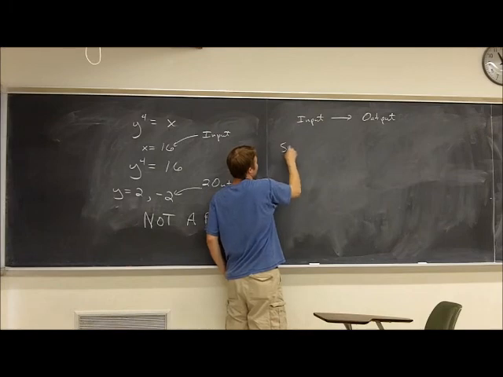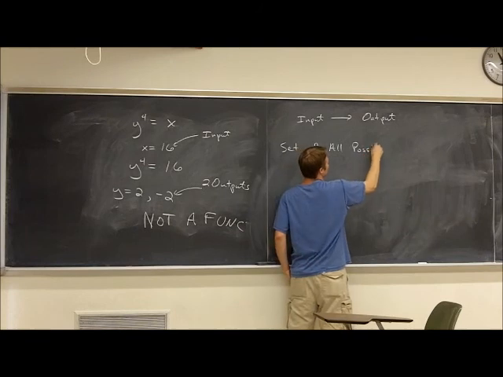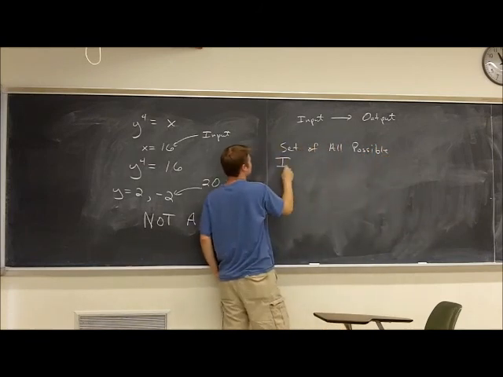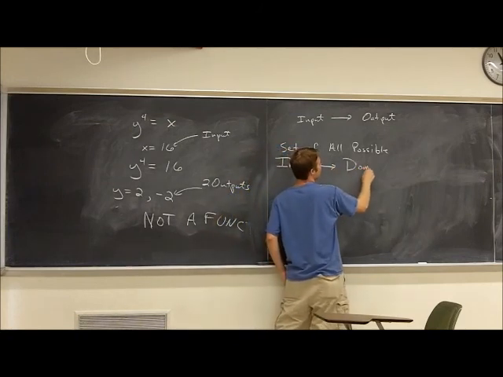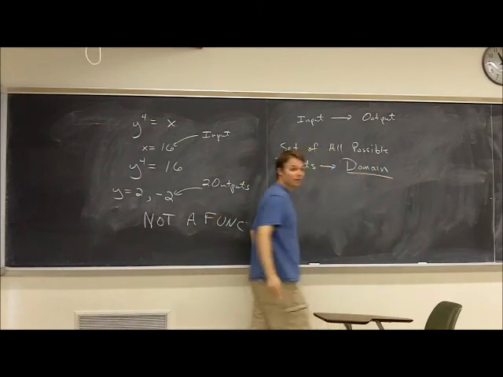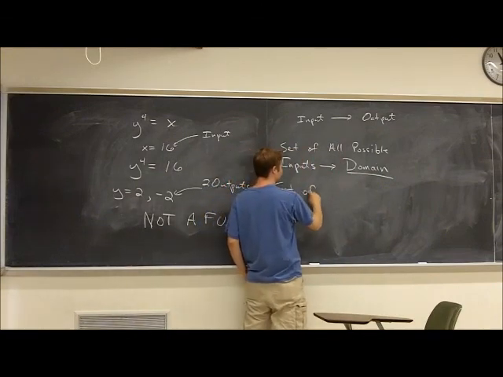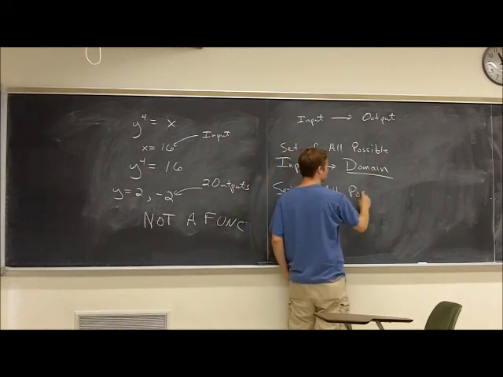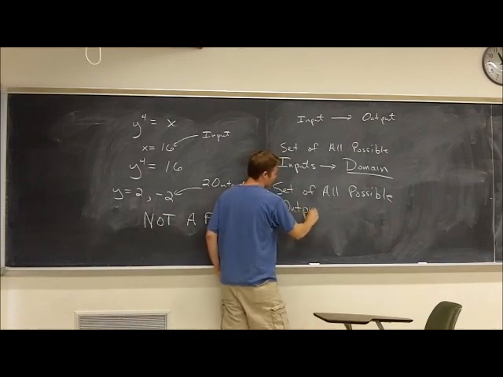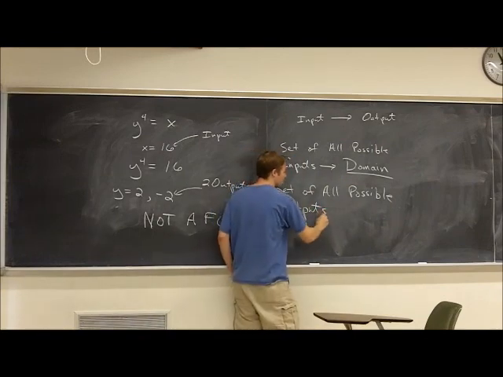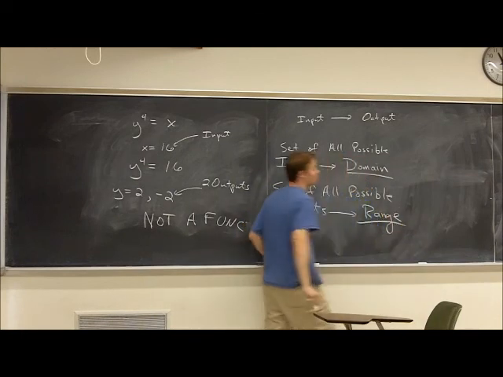We're going to say that the set of all possible inputs, we have a word for this. We call this the domain of the function. And then the set of all possible outputs, so all the possible numbers that we can get out by putting inputs in, we say this is the range of the function.